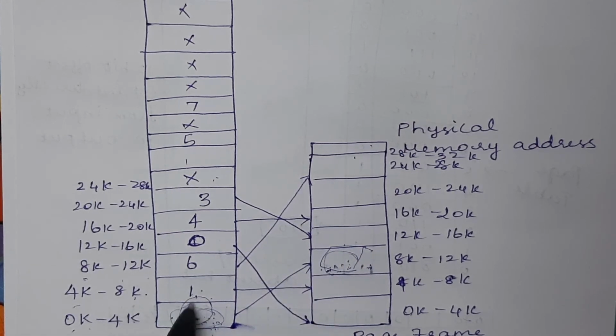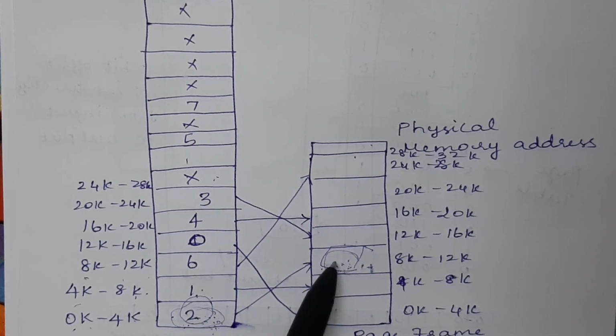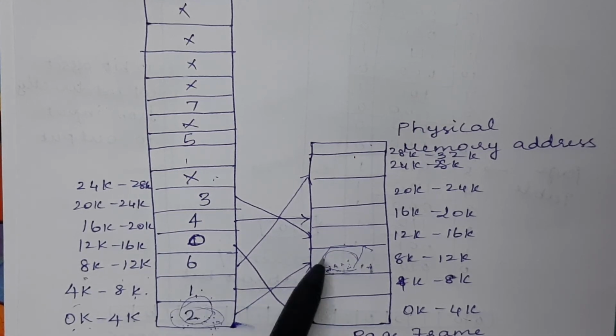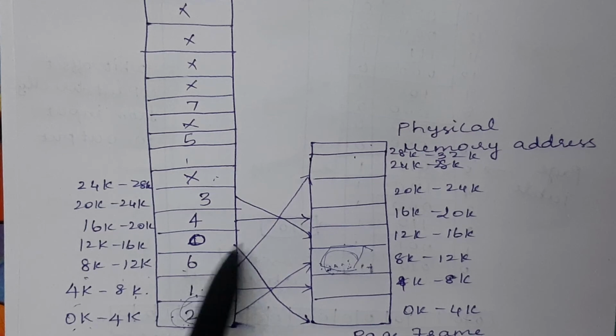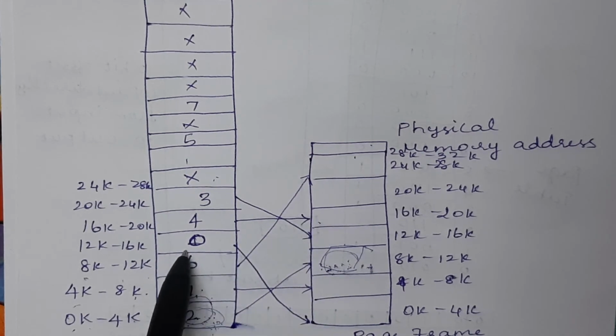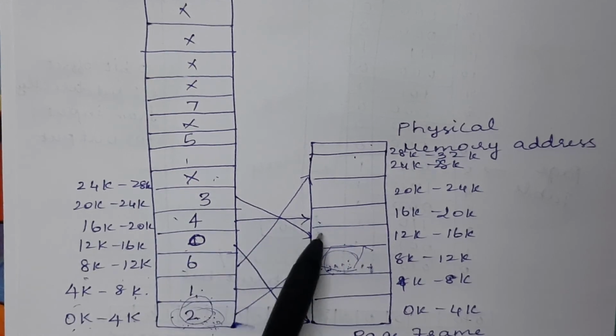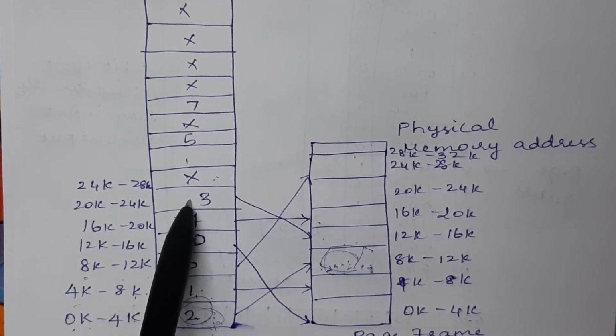For example, page 0 is available in frame 2, page 1 is available in frame 1, page 2 is available in frame 6, page 4 is available in frame 0, page 5 is available in frame 4, page 6 is available in frame 3, and page 7 is not available.